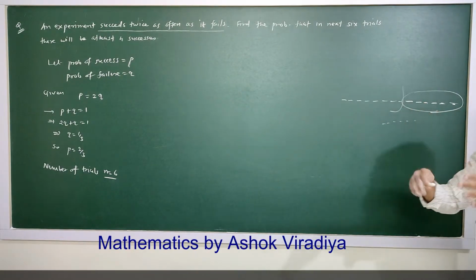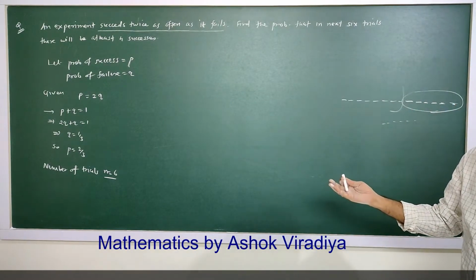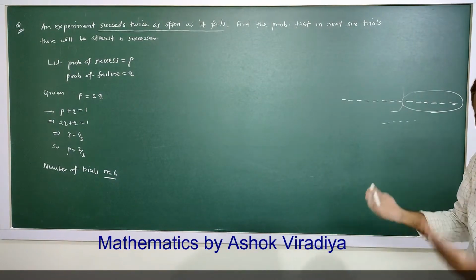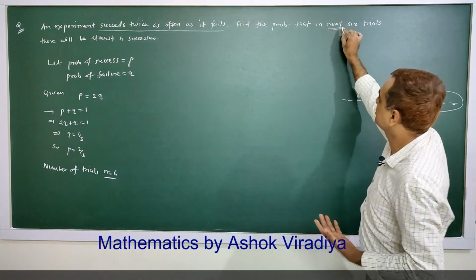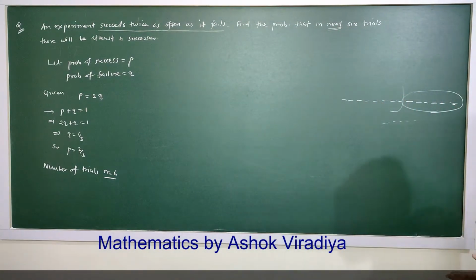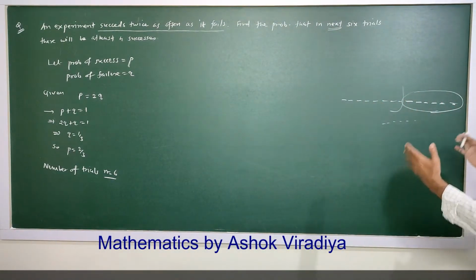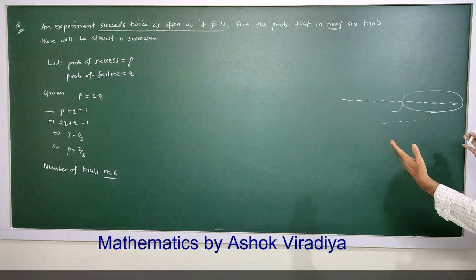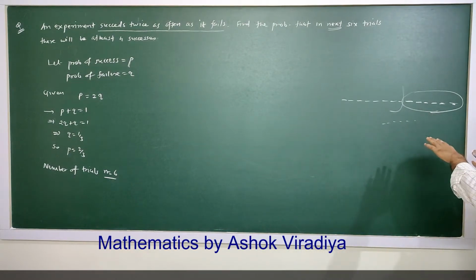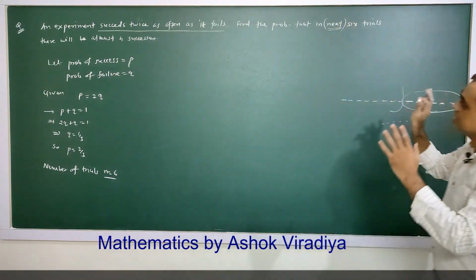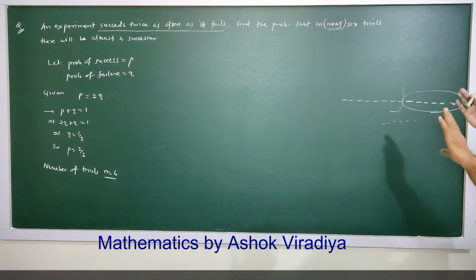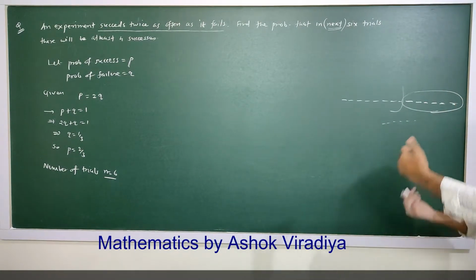Because every trial is independent, there is no effect of this word next. It is given to confuse. If this word is not given and only this is given, the probability in 6 trials, it means the first 6 trials or the next 6 trials.